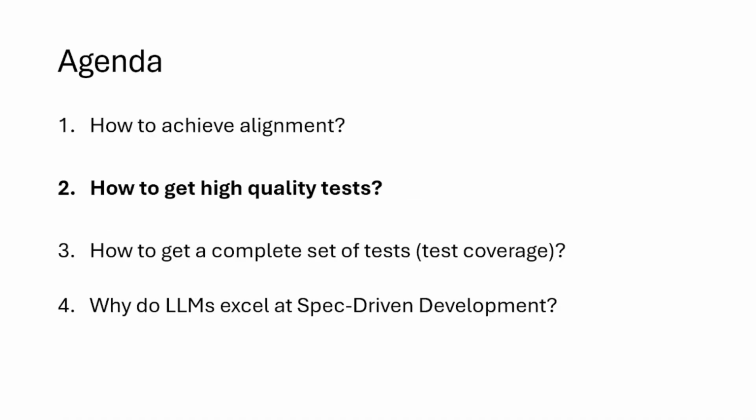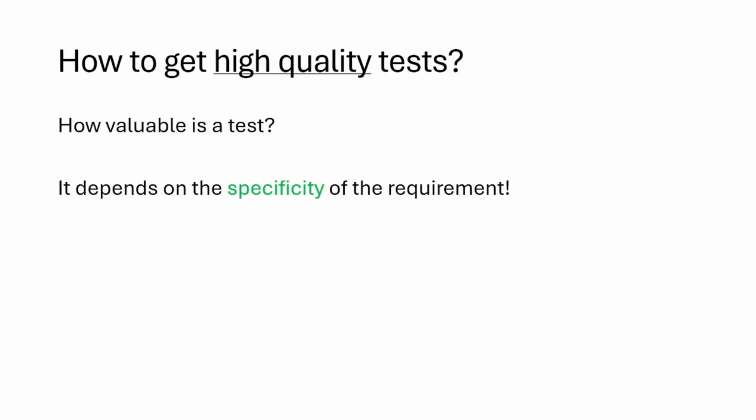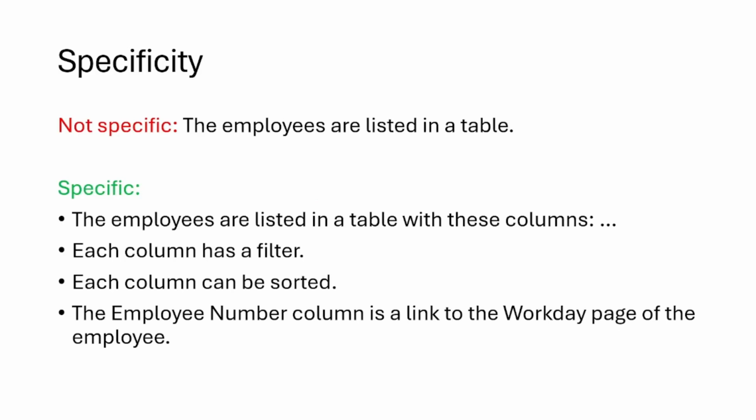Okay, how do we get some high quality tests? Well, when you talk about quality, you talk about the value of a test, and that very much depends on the specificity of the requirement. So don't say something vague like "the employees are listed in a table." Make it explicit, everything explicit. Say that each column has a filter.